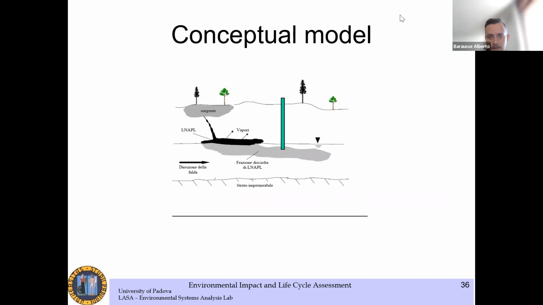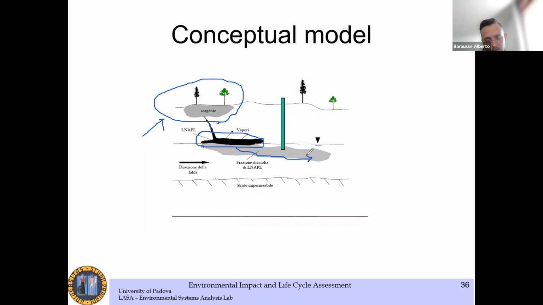You have a source. This is your source of contamination, a spill over of a contaminant that gets to groundwater and it floats above groundwater because of its chemical properties and its physical properties. So this is the source, this spillover, and then the diffusion of that contaminant in the groundwater.